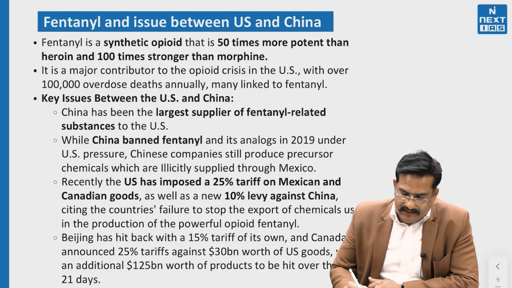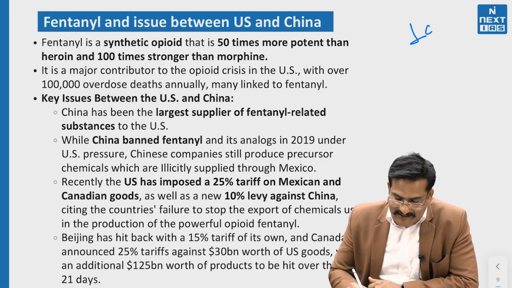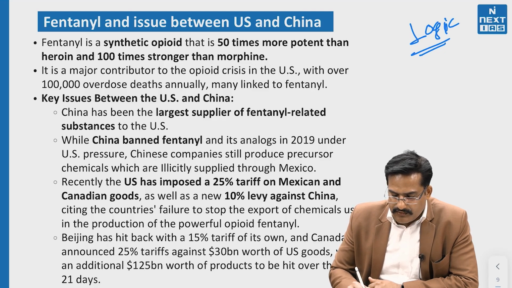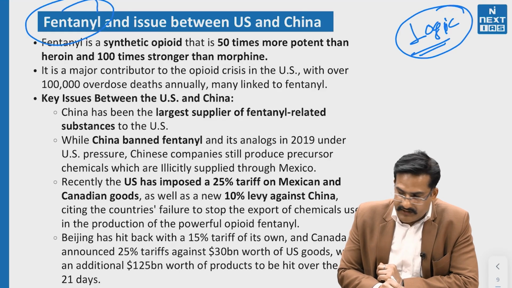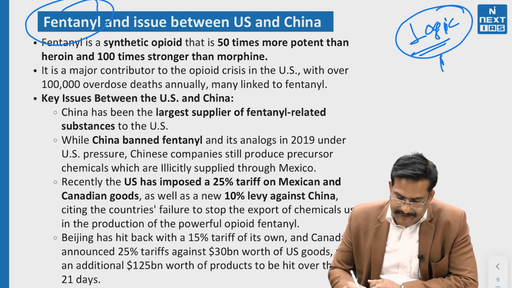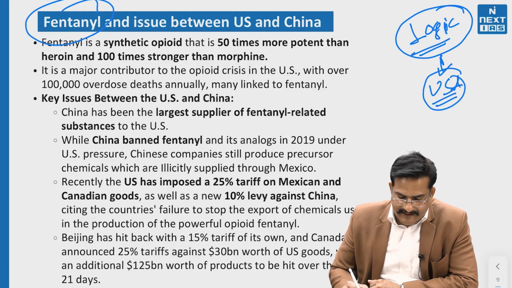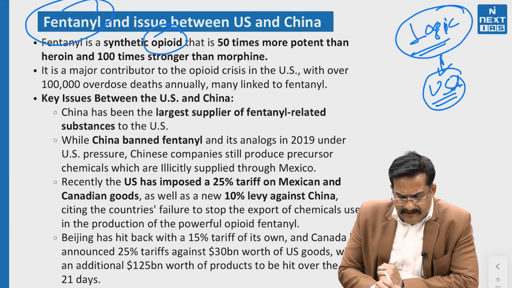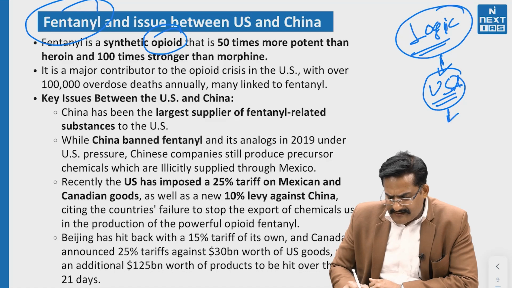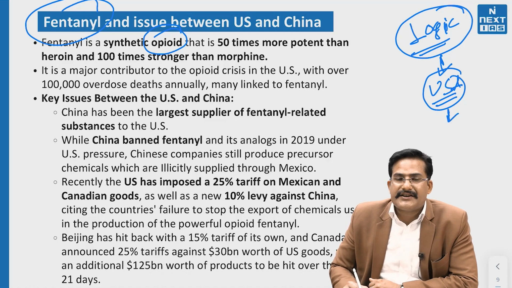Now basically the logic given by Trump was the abuse of a drug that we call fentanyl, right? What happened? Basically, the US is quite apprehensive about the use of a drug that is a very potent opioid, right? Opioid, which is resulting in mass drug addiction in the US population, right?